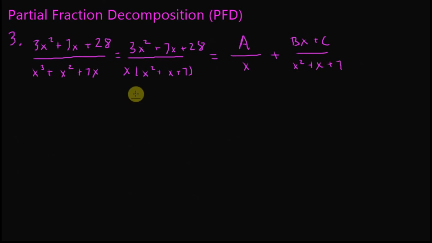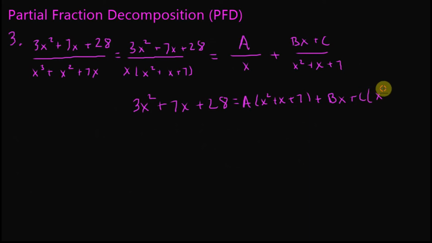Now let's simplify this in the same way that we've simplified before. We'll rewrite it as 3x squared plus 7x plus 28 is equal to a times x squared plus x plus 7 plus bx plus c multiplied by x. This expression is much more intimidating to solve than anything that we've done before.